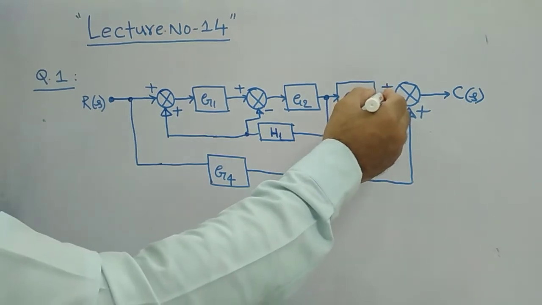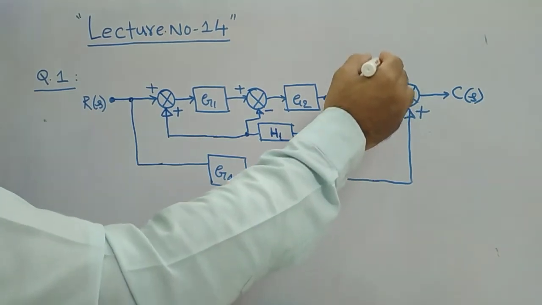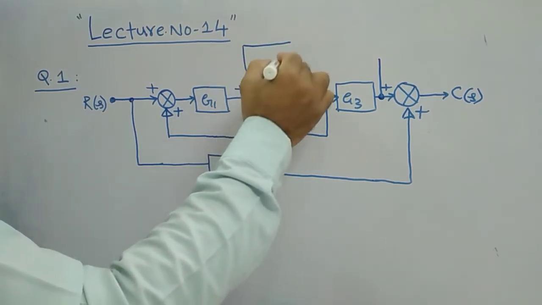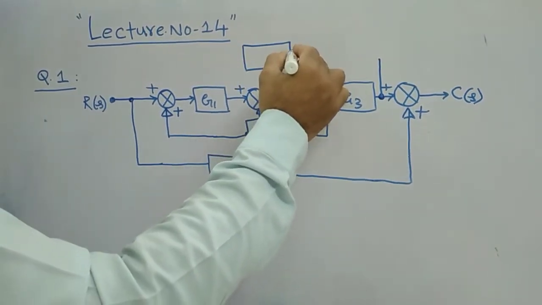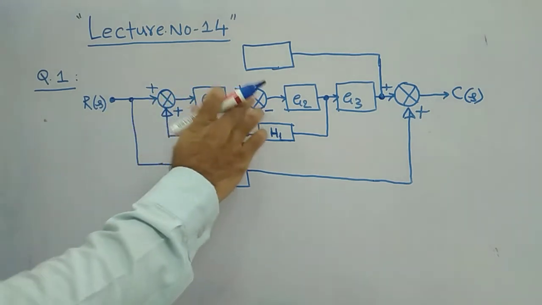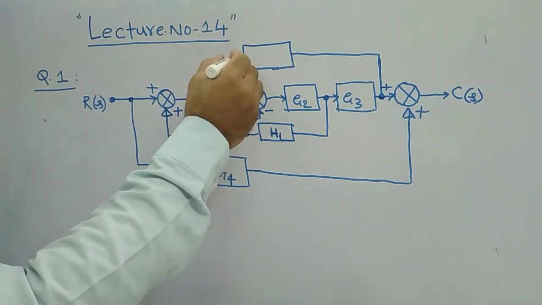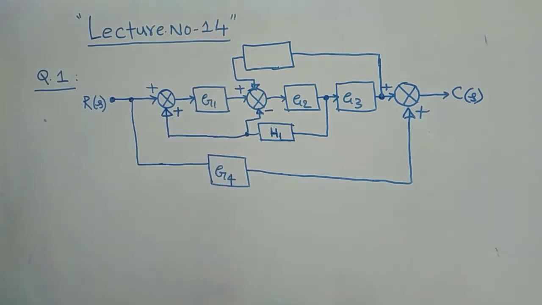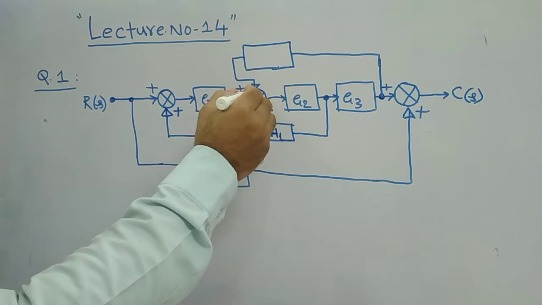And then after G3, from here you have one feedback element, and that is coming to this summer here with the negative sign.